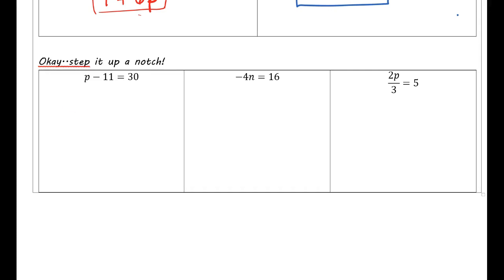So like for this one, when you see this, you really can read, okay, I'm supposed to find, just so you know, when it says step it up a notch, we're supposed to find what the unknown quantity is supposed to be. So we're supposed to find what the variable is. Find what the unknown variable is. Okay, that's a little bit better English.